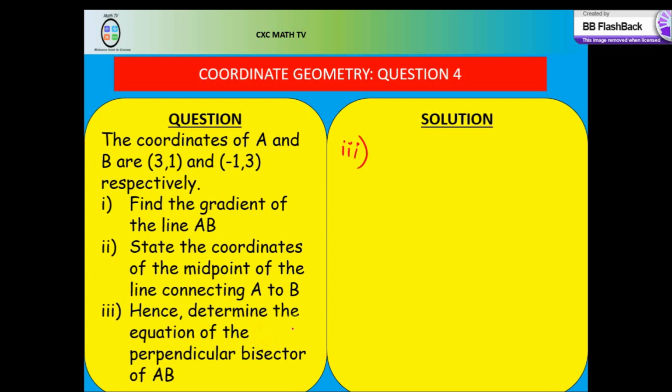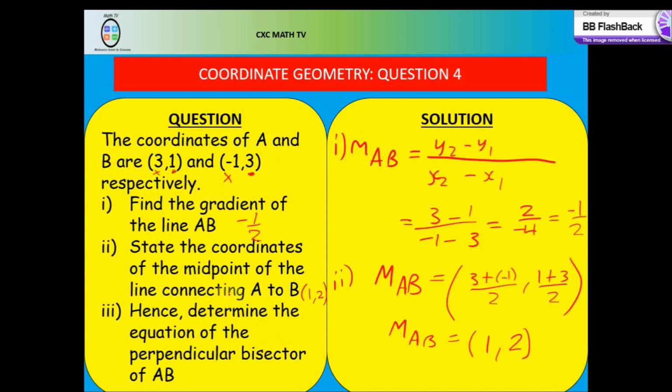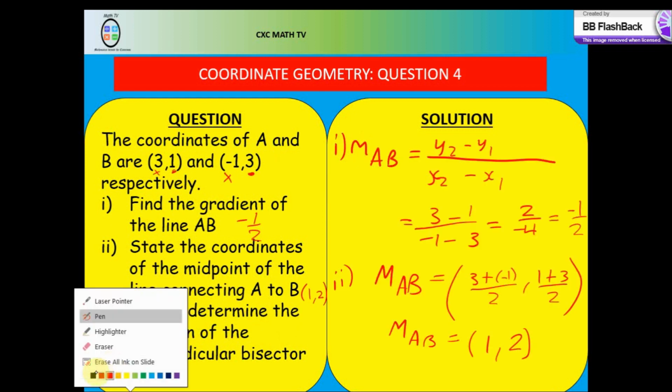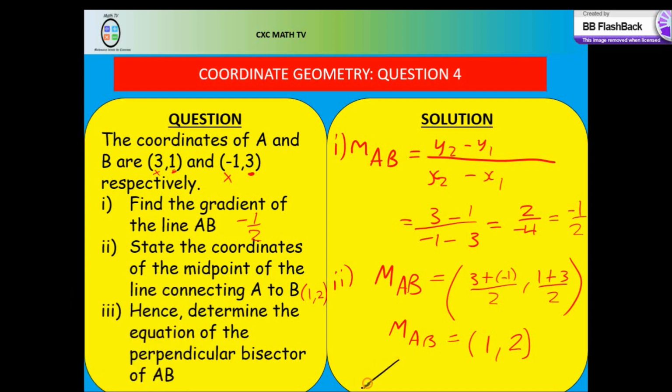So to determine the equation of the perpendicular bisector, you have to imagine what is happening. Remember, you have the points A and B, and then you have the perpendicular bisector. That's the line that cuts it in half. This is the bisector line. Let's call the bisector line LB. So now the bisector line is perpendicular to AB. So what do we know then?